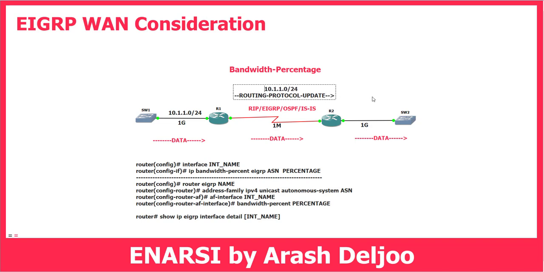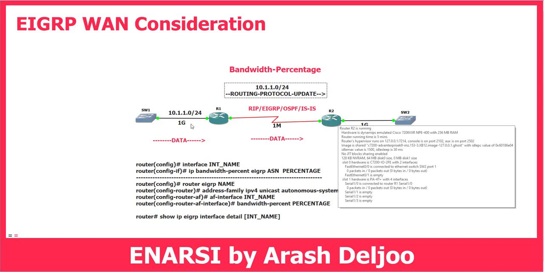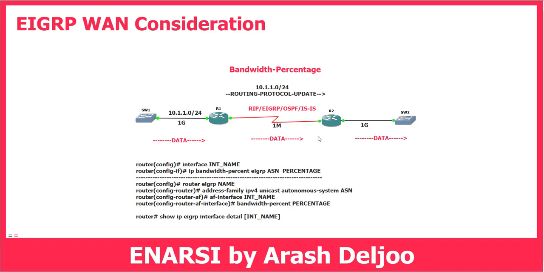After this routing protocol update is sent, router 2 learns about the availability of 10.1.10.0, and then router 2 can send data destined to this network to router 1. For example, here we have one packet whose destination is 10.1.10.0, and this packet is received by router 2.